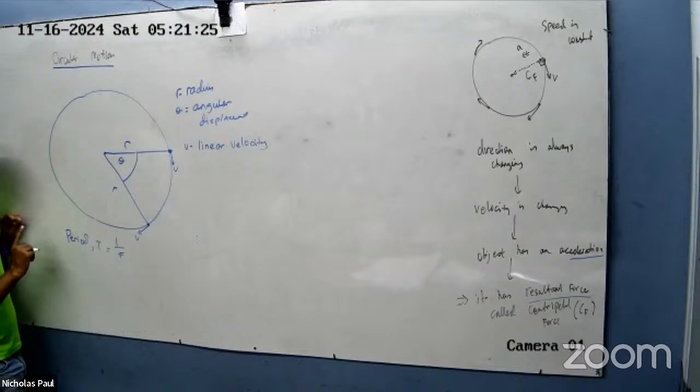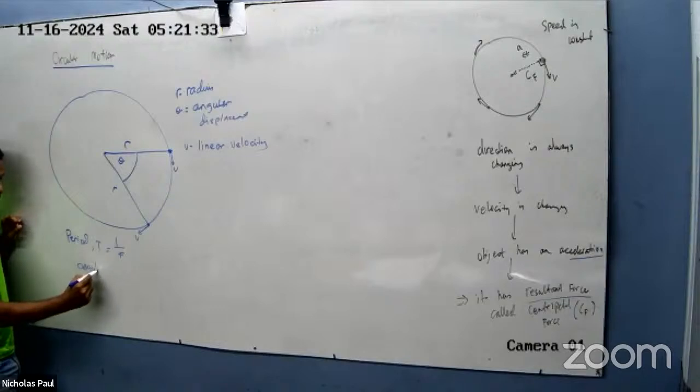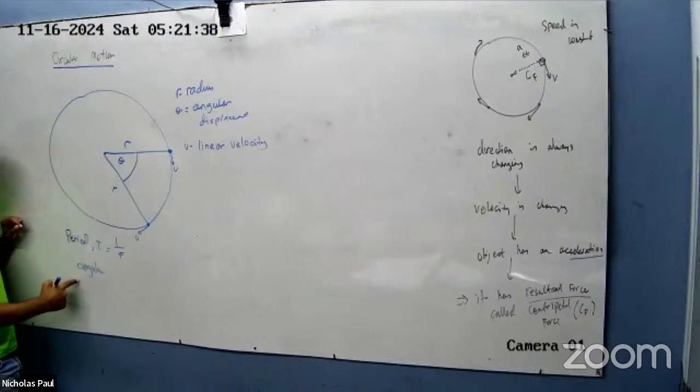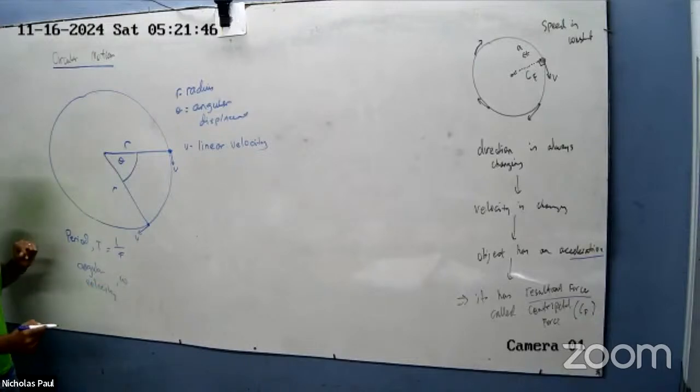Nice. So there's a new quantity that we need to learn, and that quantity is what we call angular velocity in circular motion. Those who do simple harmonic motion, we call it angular frequency, right?